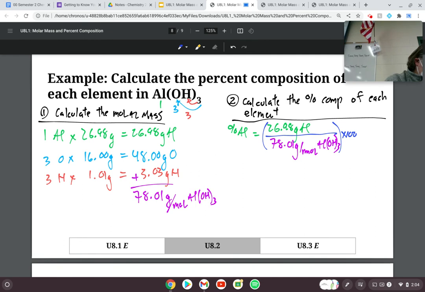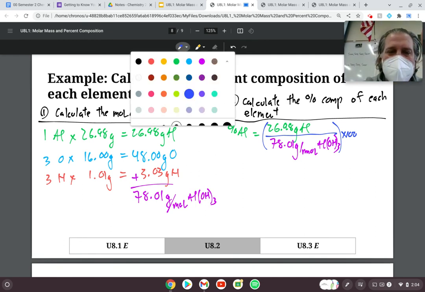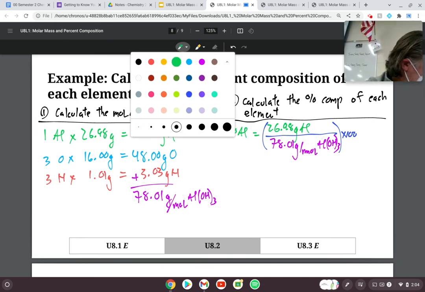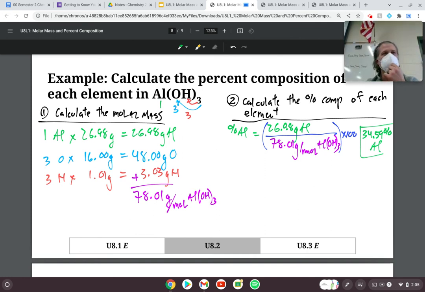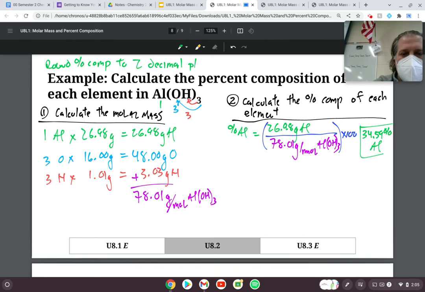So 26.98 divided by 78.01. I'm going to get a value here somewhere around 34.59% aluminum. Now, for these problems, we're going to round the percent composition to 2 decimal places.